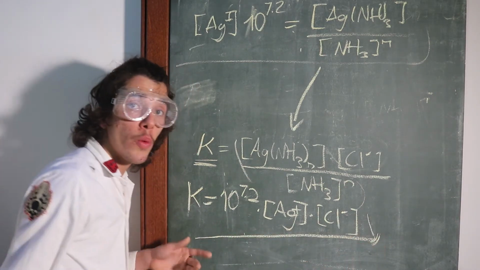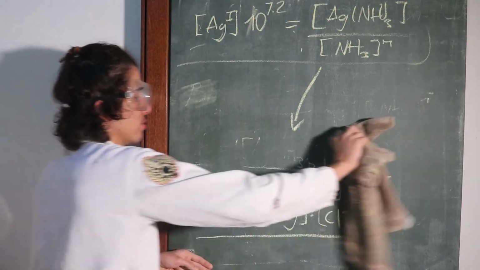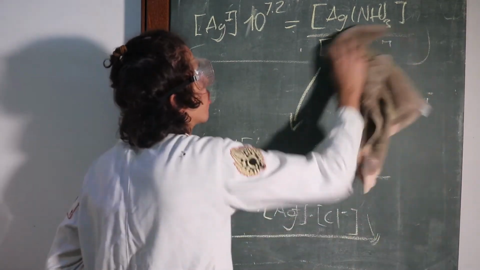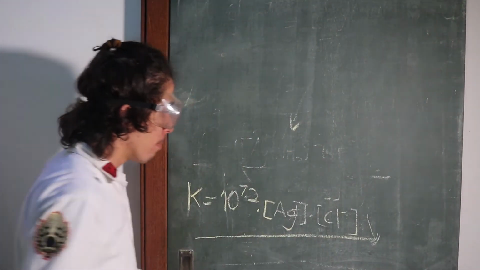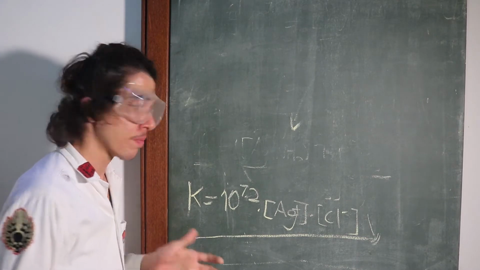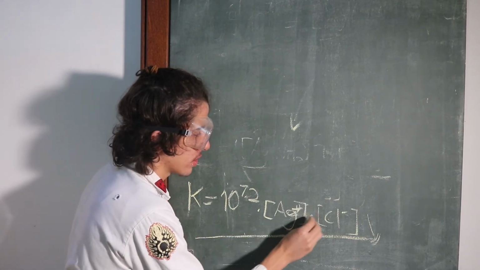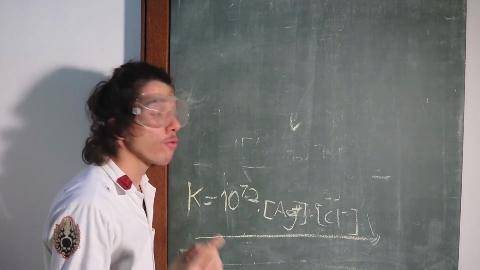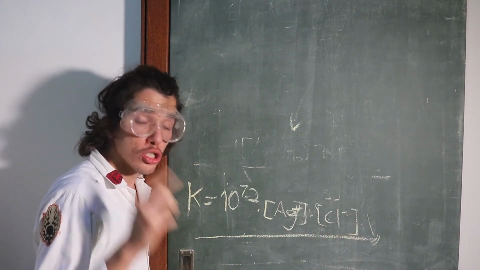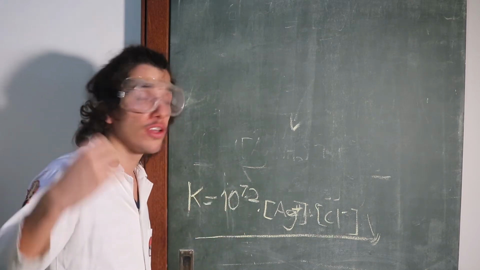So where do we go from here? It looks like there's nothing else we can do. But if you look closely, you can see that the concentration of silver times the concentration of chloride is the same as the solubility constant that we talked about in the last video.